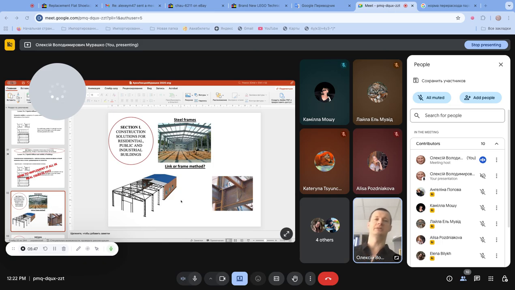So, for example, in this transverse direction, it's not a good solution to add a link element, because if we add a link element, for example, between this corner and this base, it will destroy, for example, the technological process inside of this building, because when in the middle of the building you get such links, it will prevent movement of the transport inside of this building, or a crane or something like that, which can be located along this building.